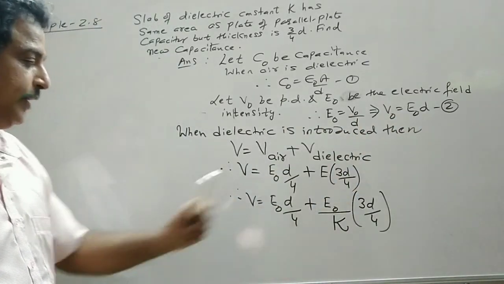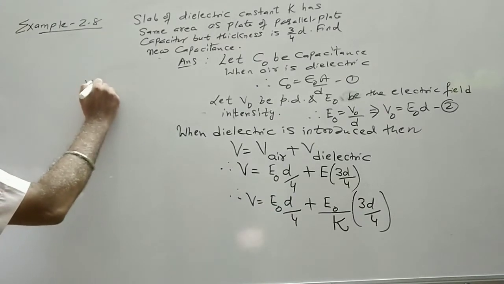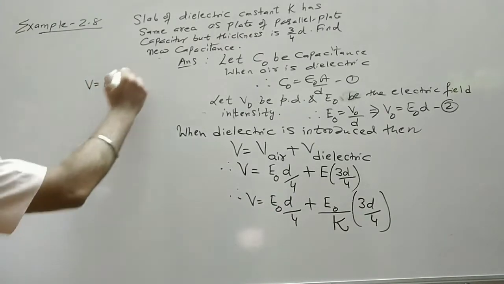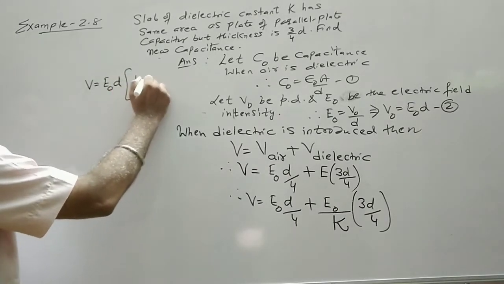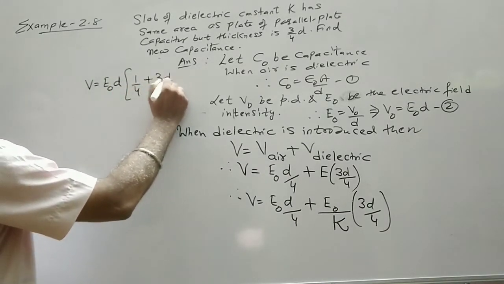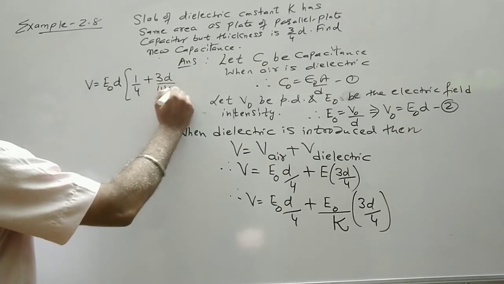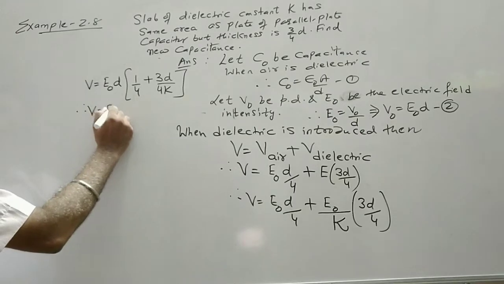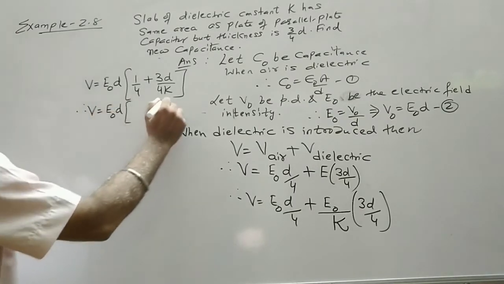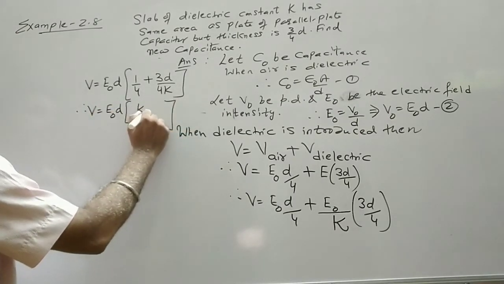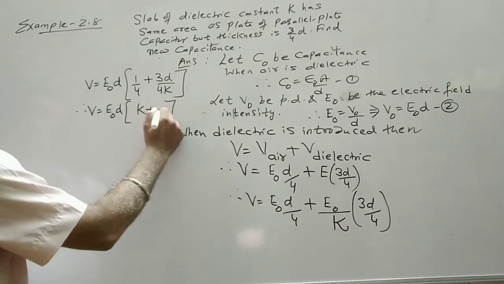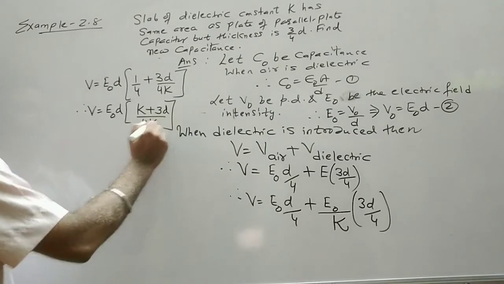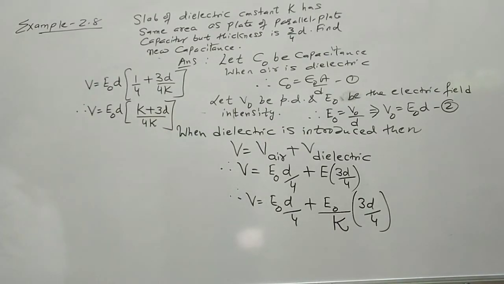Now we need a relation in terms of the initial quantities, that is V naught is equal to E naught D. So I can take out E naught D as common. So V is equal to E naught D, common. This is 1 by 4 plus 3 by 4K. And therefore V is equal to E naught D into K plus 3 upon 4K.